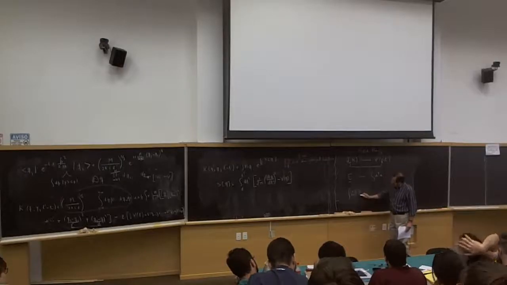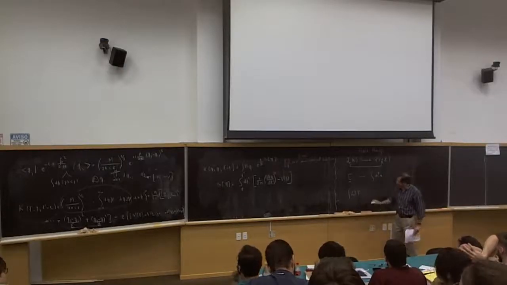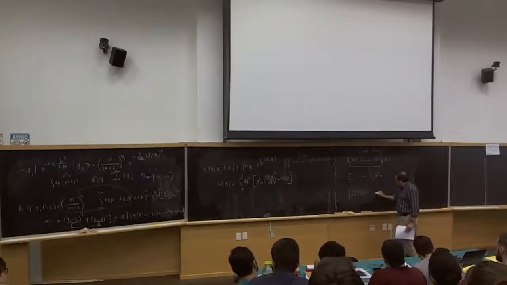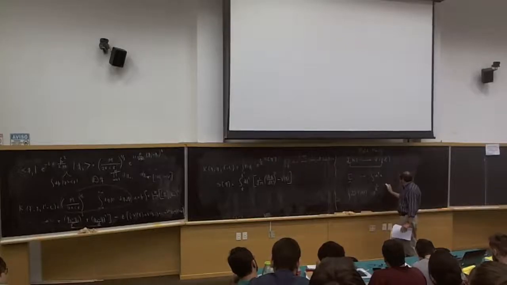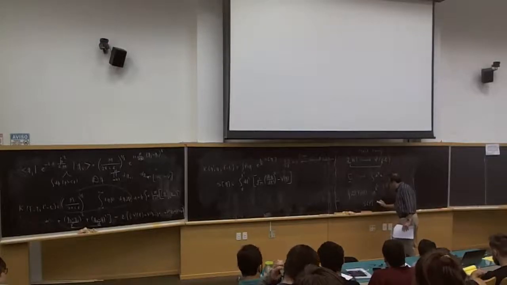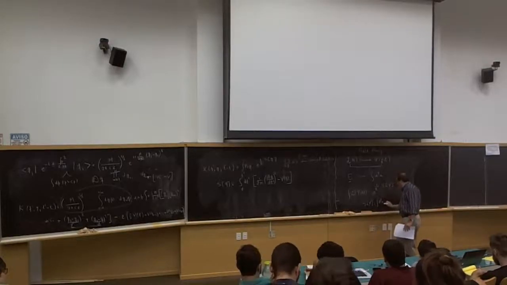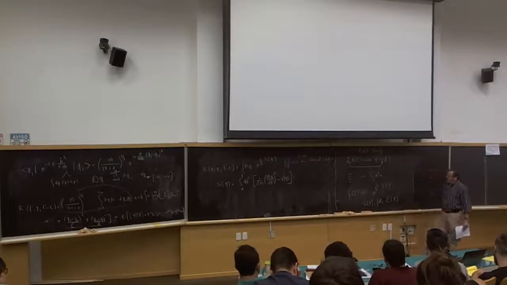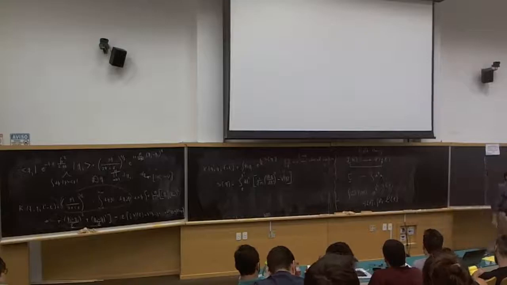Instead of alpha and t, I have x and t. e to the i over h bar S of phi, where S of phi is the action. And that's the way you quantize the field theory.